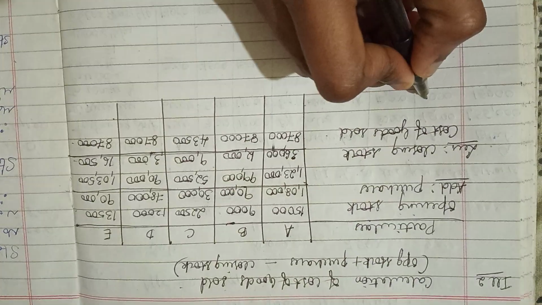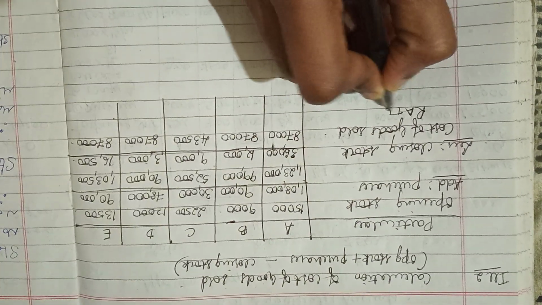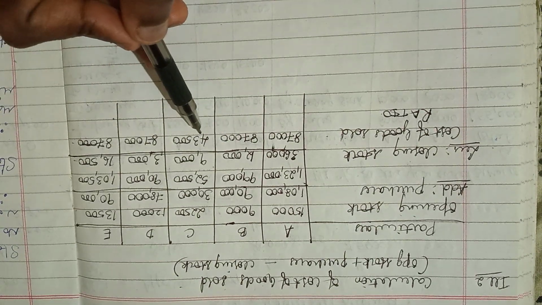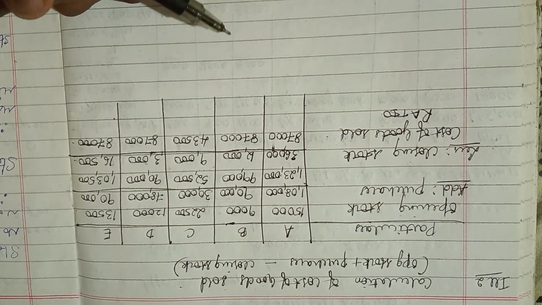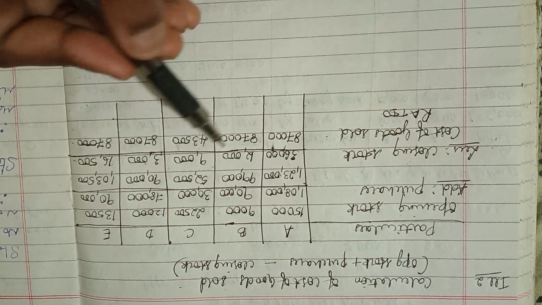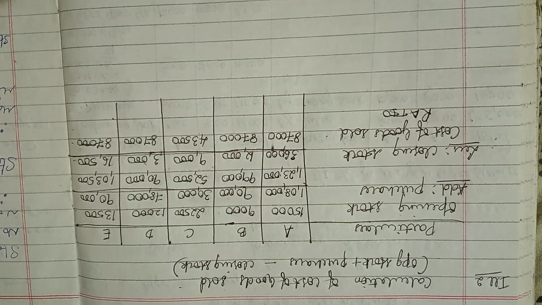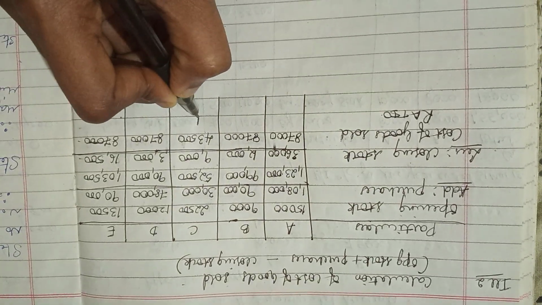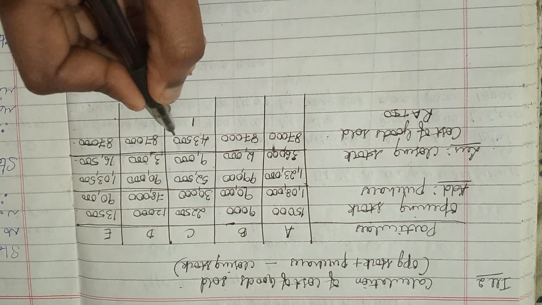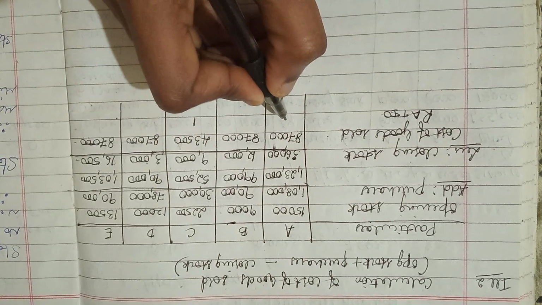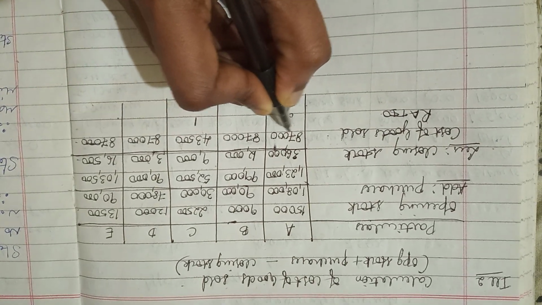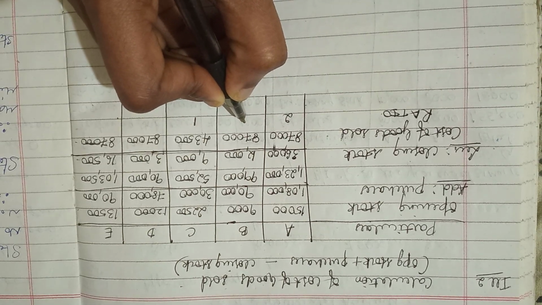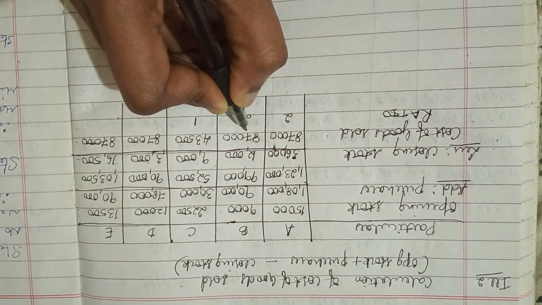So how will you do it? How will you find out the ratio? What is common here? We have 87,000 here, and 43,500. Instead of cancelling again and again, you can go directly here. 43,500 ones is 43,500. 43,500 into 2 gives you 87,000. Again 43,500 into 2 gives you 87,000.